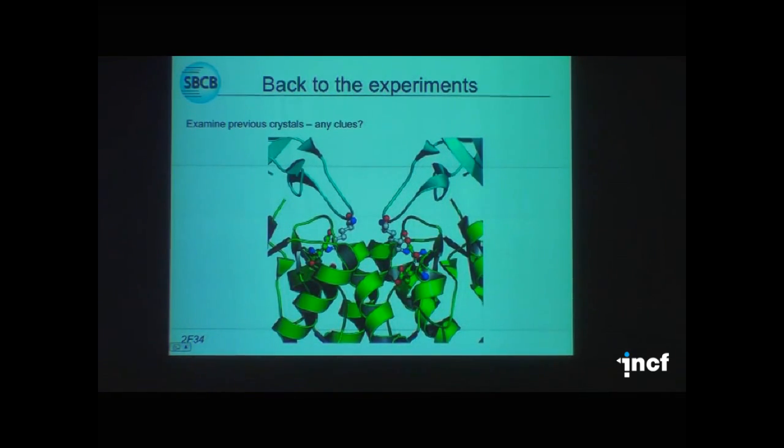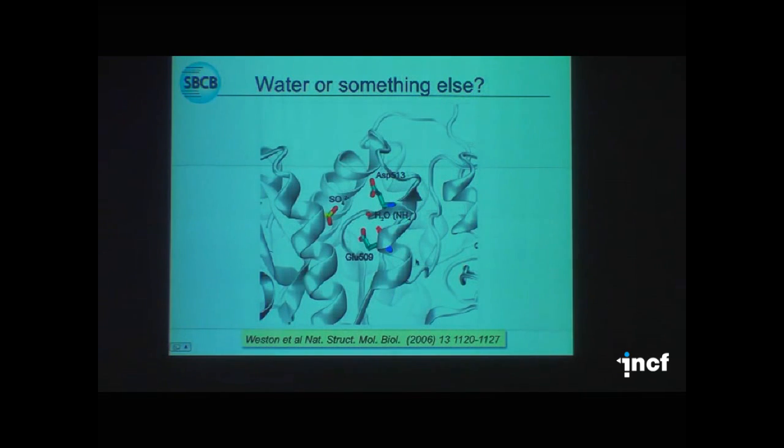Okay. Similarly, in this structure, this is another structure that was reported, done in very high concentration of ammonium sulfate, and in this structure, they reported a water molecule located here, but actually that's more likely an ammonium ion. Okay, it's very difficult to distinguish between ammonium ions and water molecules in crystallography.